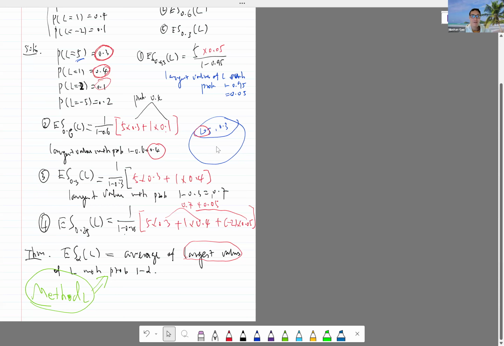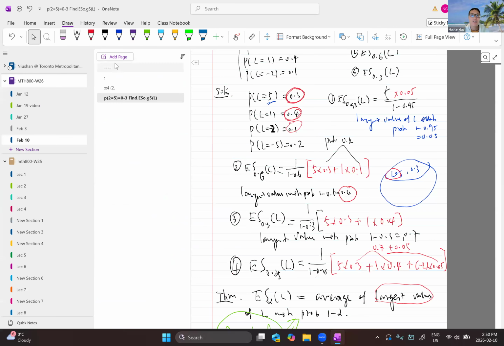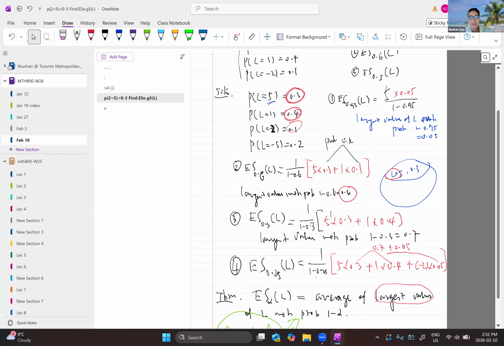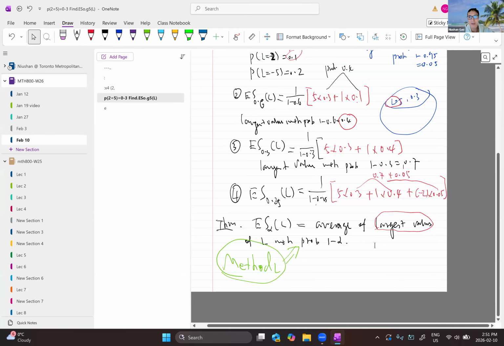The second one is using this theorem: the exponential form equals the average of the largest values with probability 1 minus alpha. So I'm going to make another observation which will be crucial. So I can consider expectations.